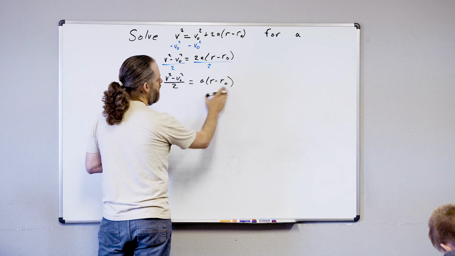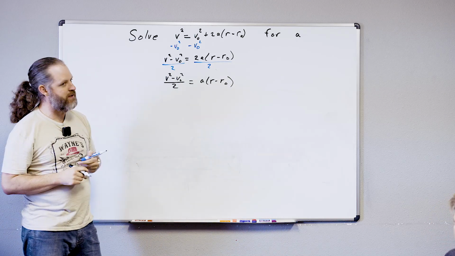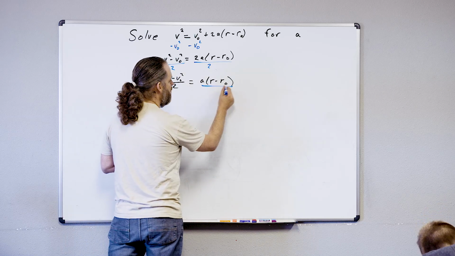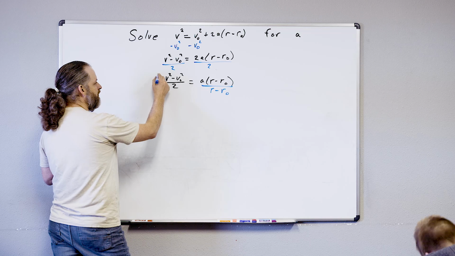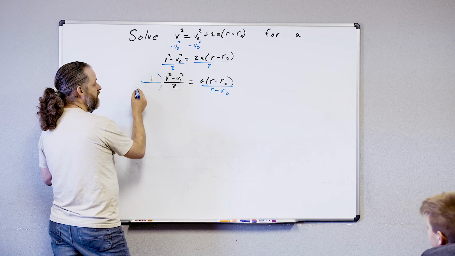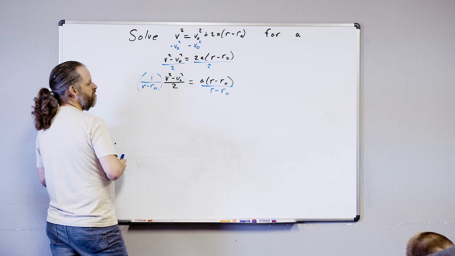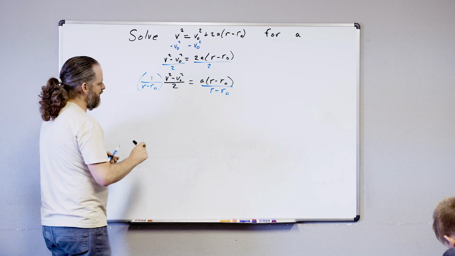Now, how is this whole chunk attached to a? Is it added, subtracted, multiplied, divided, something else? That whole chunk is multiplied, so we can divide that whole chunk away. And then this side, I'm going to write it as this, because it's going to be easier to see what to do with it, right? So what's the top of the answer going to be?